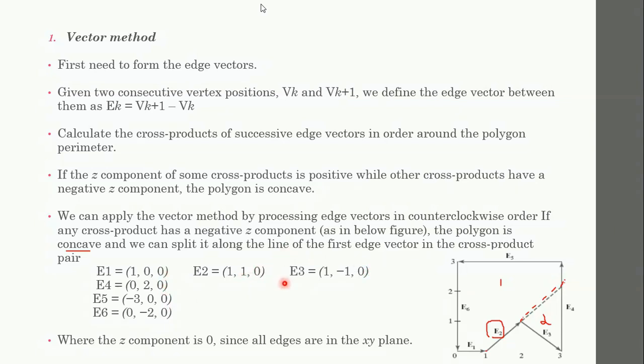Next, E3 also you have to represent in vector form, so let's see how to write it. You have to move from 2 to 3, and along the x axis you write 1, since 1 unit you are going to pass.